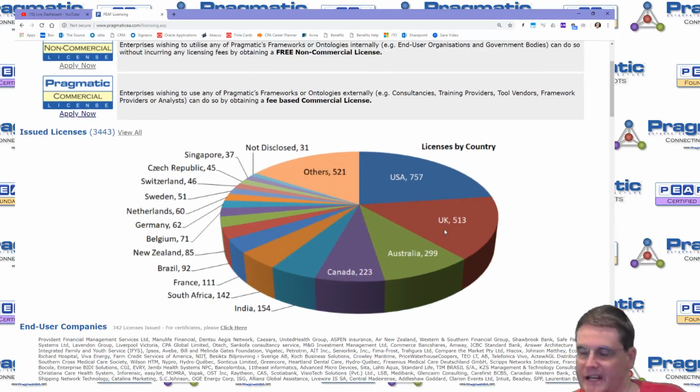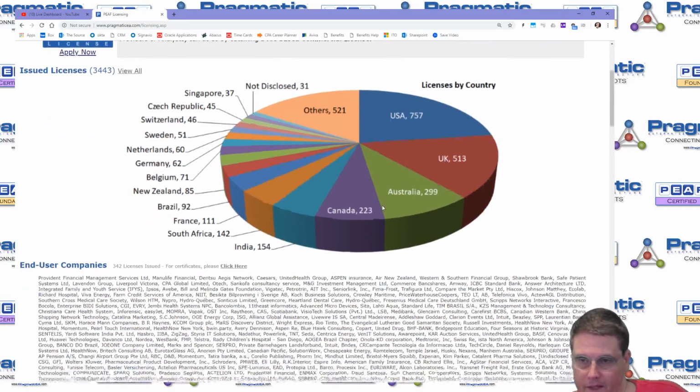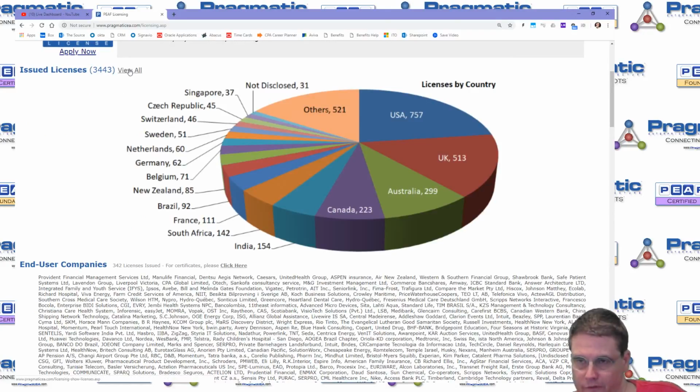Now that doesn't mean to say every person and every company that has been issued a license is using PEAF. We have no way of getting that information really, but this gives you a breakdown in terms of how many in each country.